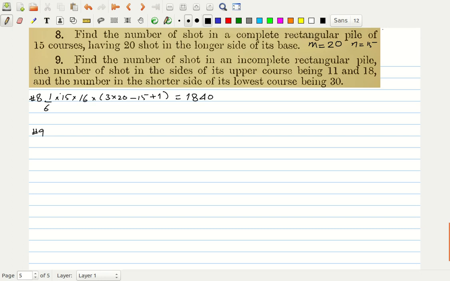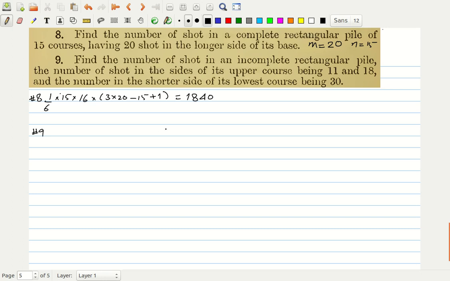Find the number of shots in an incomplete rectangular pile, the number of shots in the sides of its upper course being 11 and 18, and the number of shots in the shorter side of its lower course being 30.